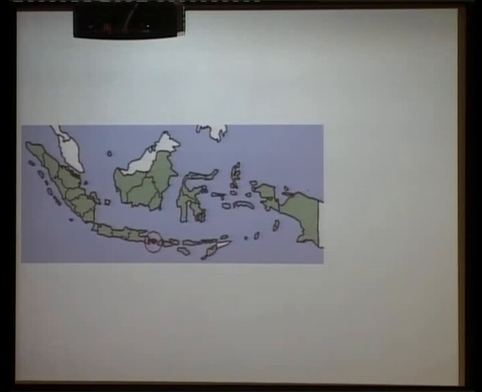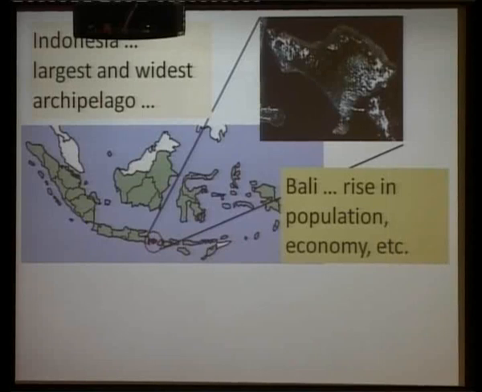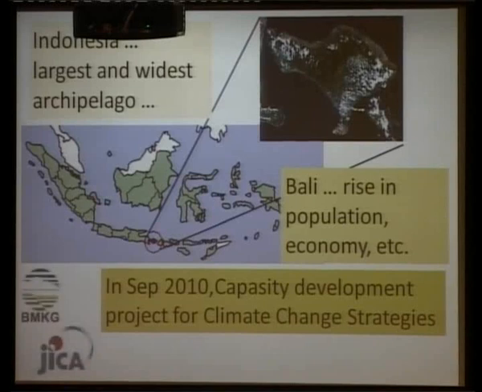Indonesia is the largest and widest archipelago in the world, and my home Bali is rising in population and economy, so it is quite important for Indonesia. And Japan International Cooperation Agency (JICA) started a capacity development project for climate change strategy last year in September.